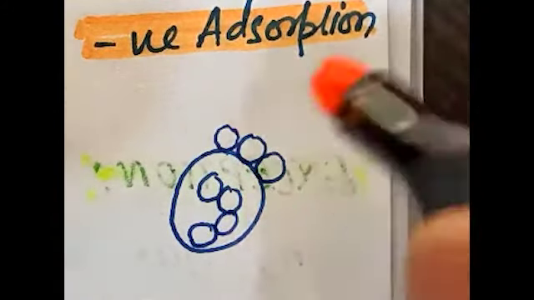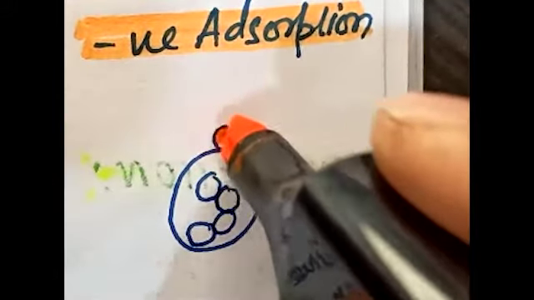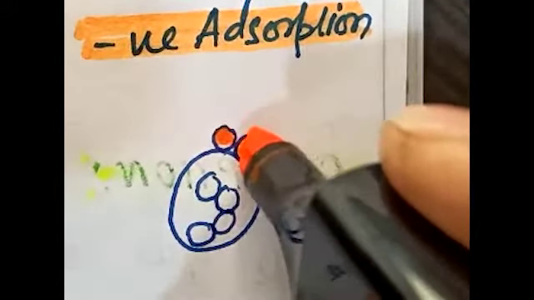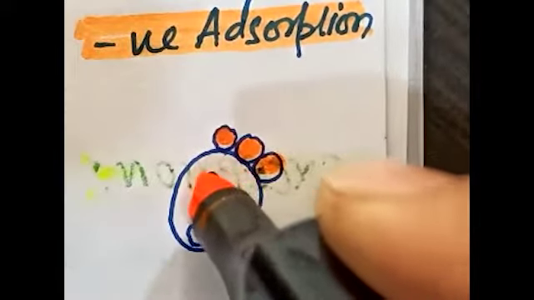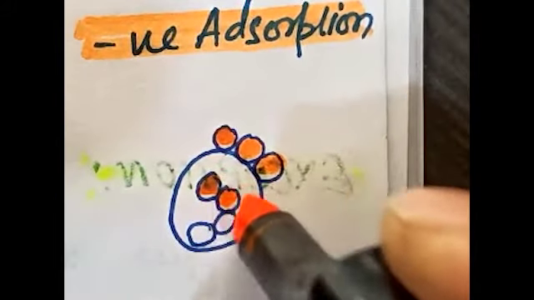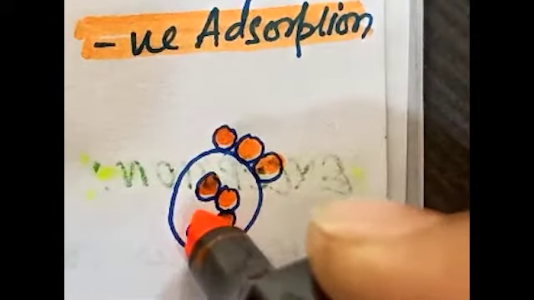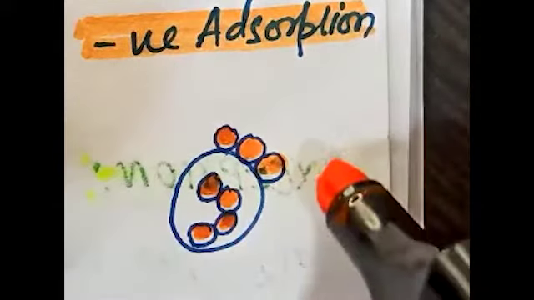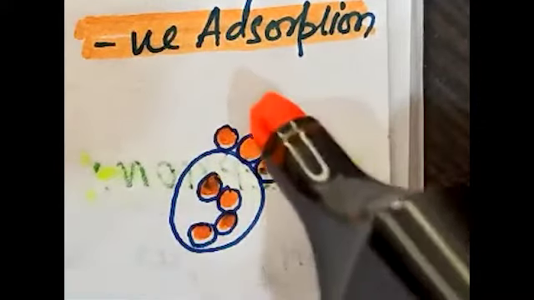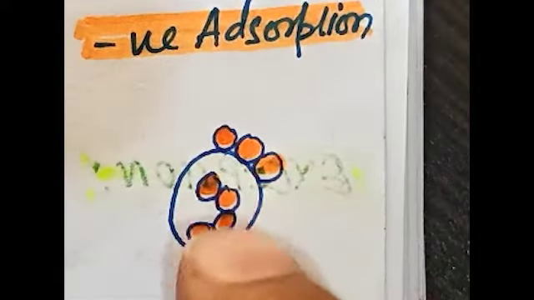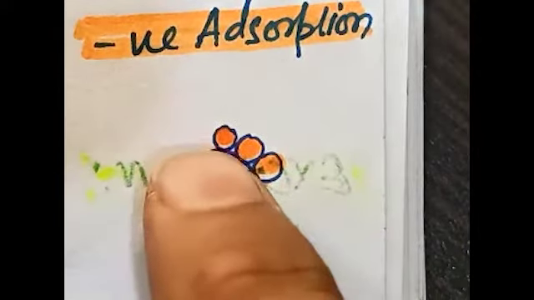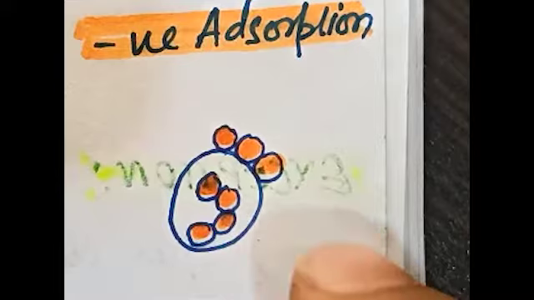We always consider particles as spheres, like balls. So you can see that some particles have come inside and some particles are outside. Somehow the concentration of the particles which have gone a little bit inside is more compared to the concentration of the particles outside.